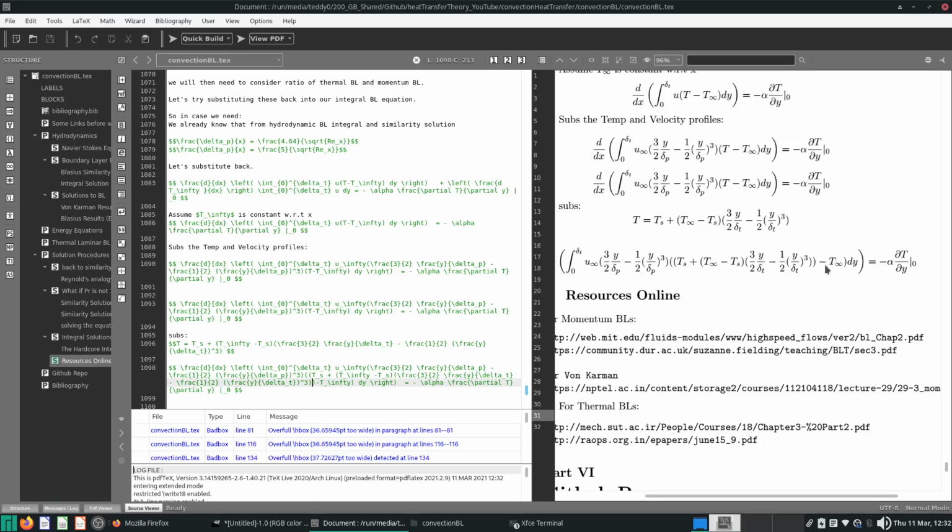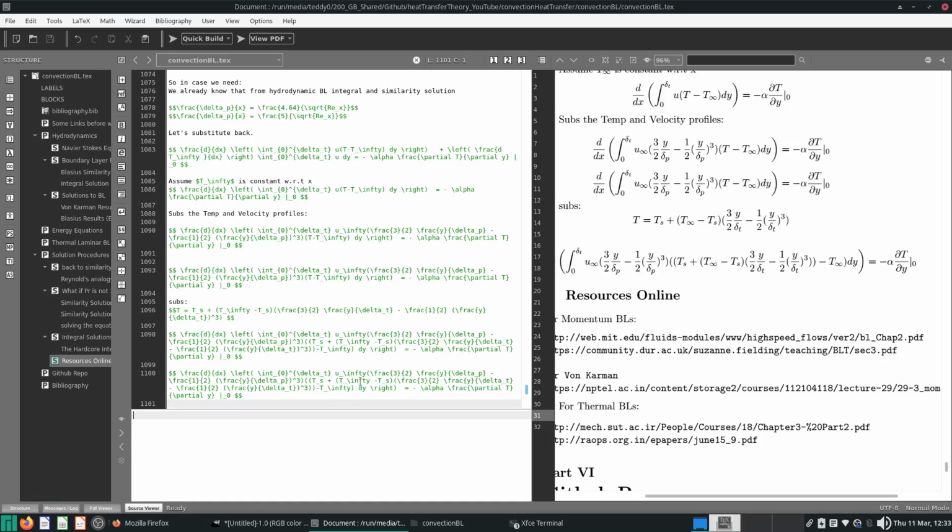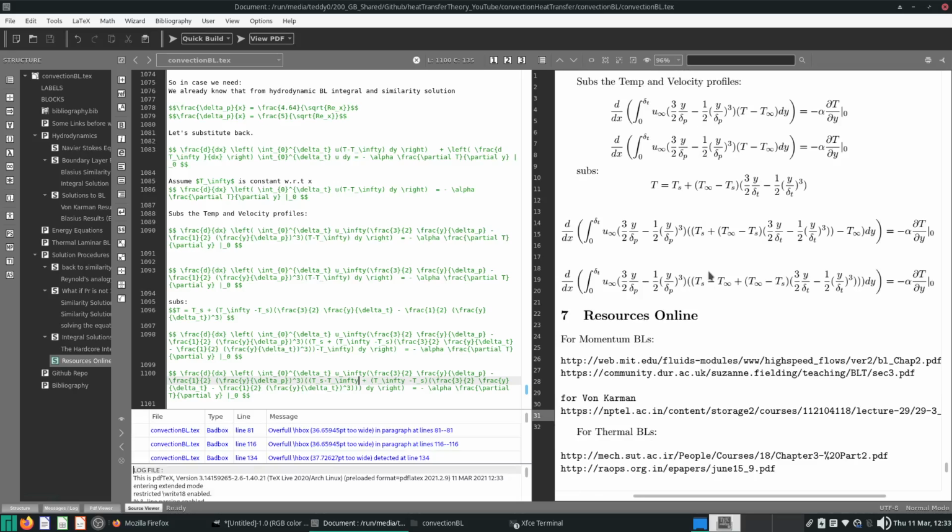But one thing to note, you can bring the T infinity forward. T infinity is on the right hand side here, so you bring that forward. Then you can factorize out the Ts minus T infinity.